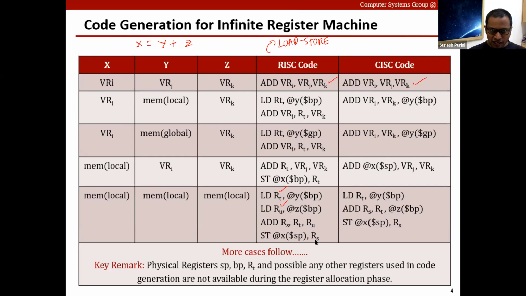And the contents of register RS will be moved or stored into the memory location associated with variable X. And if you see in the case of RISC, one of the operands Y is promoted to the scratchpad register RT, and the second operand we are just keeping in the memory because we don't need to promote it, because for the add instruction one of the operands can come from the memory, and the destination is stored in the scratchpad.